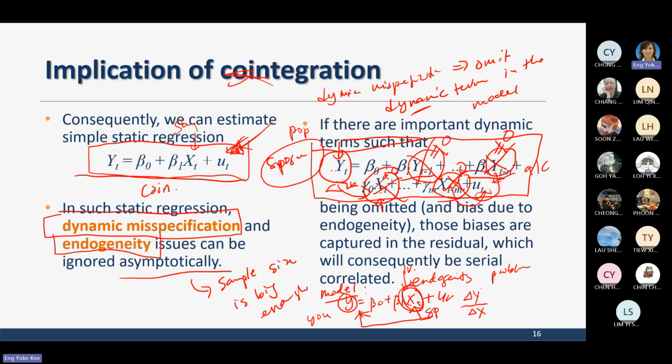So in this case, you assume that the girlfriend is the boss. She is the one that determines the relationship between you and the girlfriend. This is the model. Now, what if in reality, X depends on Y?